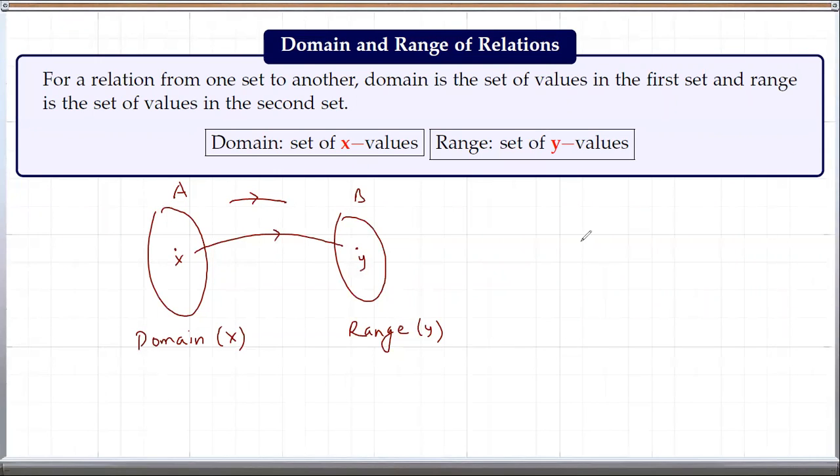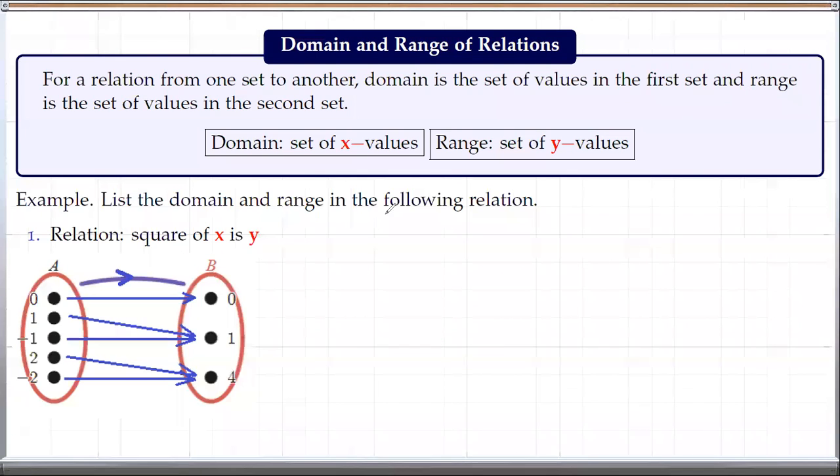Next, let's look at some examples. List the domain and range in the following relation. So we said domain is all X values. So we can write as a list. We have 0, 1, -1, 2, and -2.